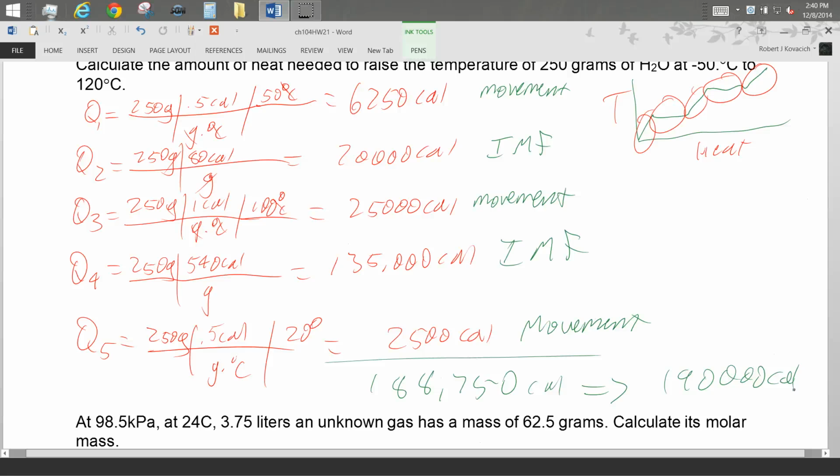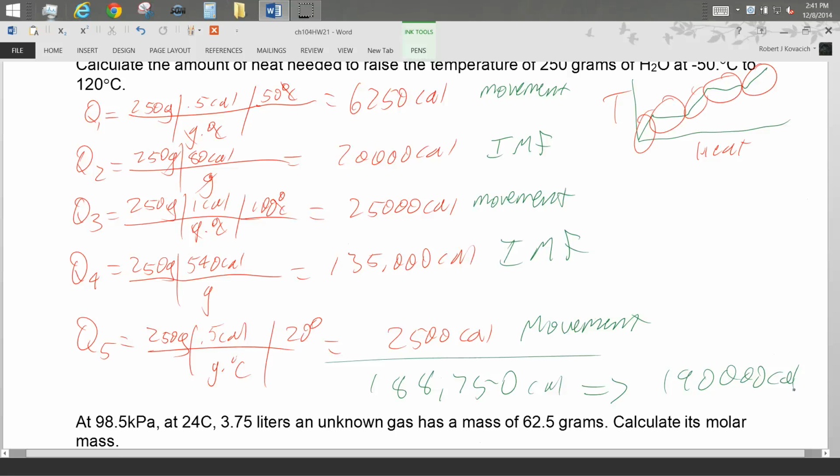So what's the hardest thing to do? What's the most energy intensive? Vapor. Breaking all of the intermolecular forces. So I know that Q2 and Q4 are both breaking intermolecular forces, but Q2 is breaking some of the intermolecular forces, and Q4 is breaking all of them.